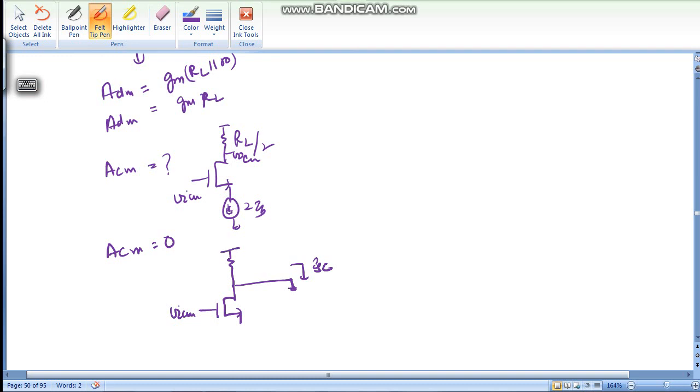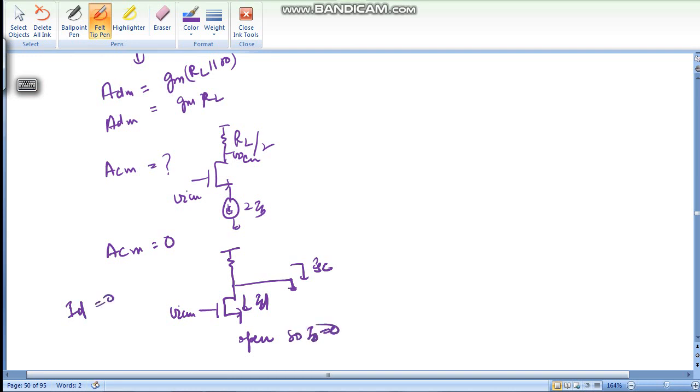When we find the small signal gain, we replace the voltage source by shorting it to ground, and the current source by making it open. So this is open, so this is ID. Now ID is 0 because this is open.